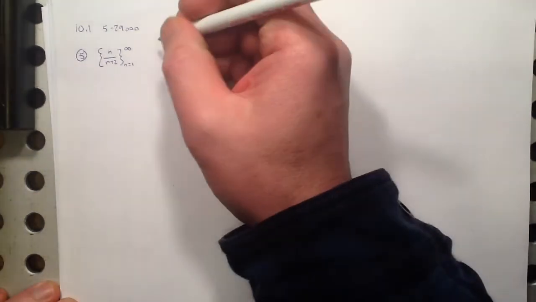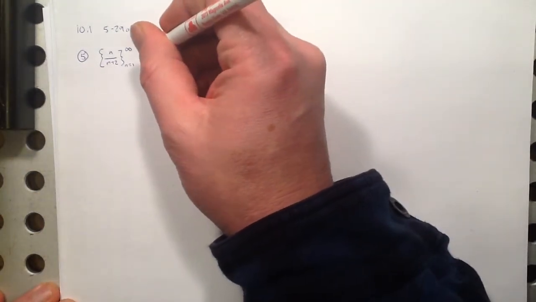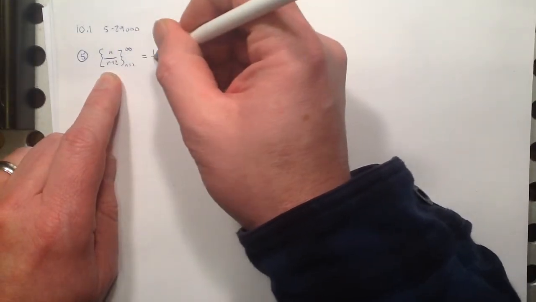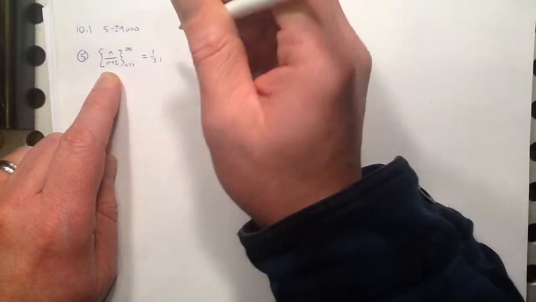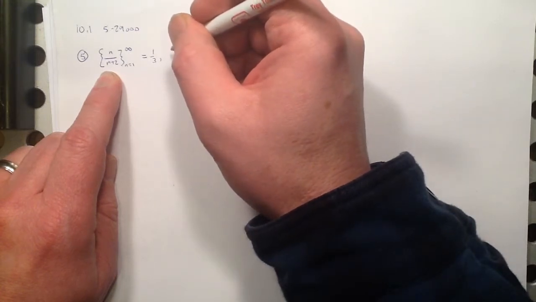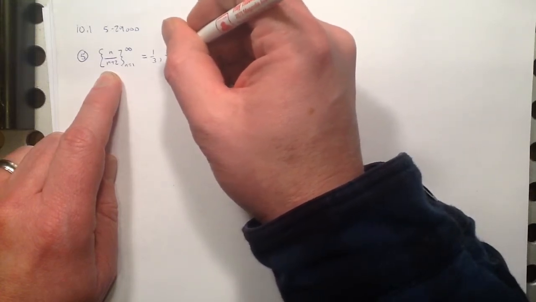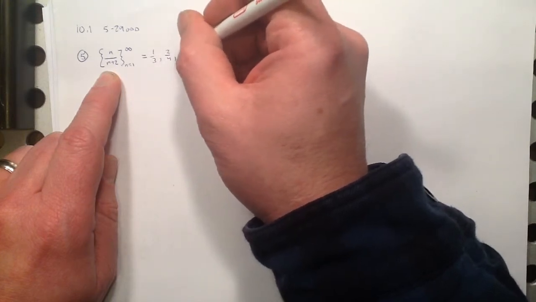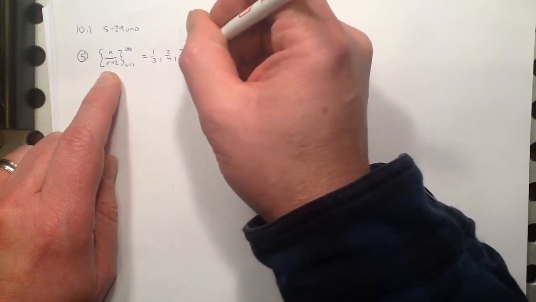So, first, 5 terms. Plugging in 1, that's 1 over 3. Plugging in 2, we get 2 over 4. You could reduce that, but it's probably easier to see what's happening. These top ones just keep going up by 1, and so do the bottom ones.